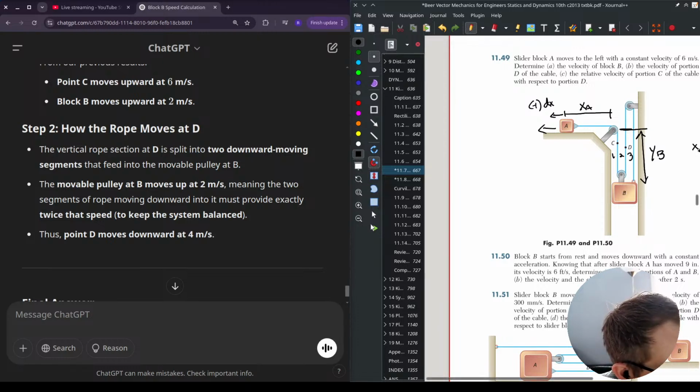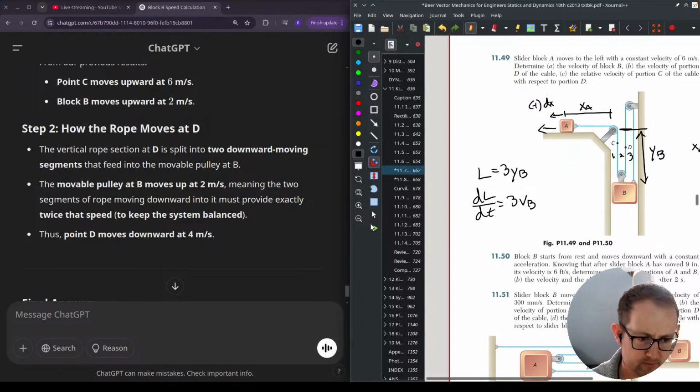So if we say that this whole length of chord is L equals 3 YB, and then dL/dt equals 3 VB, right?